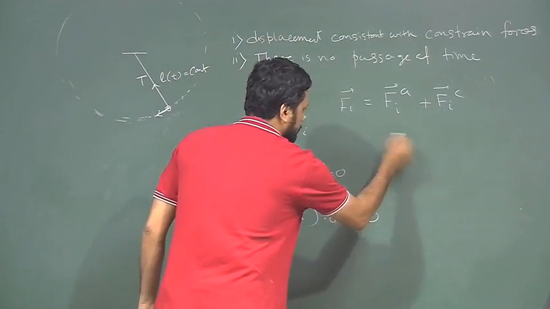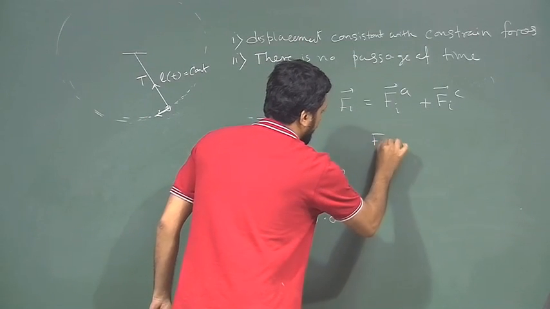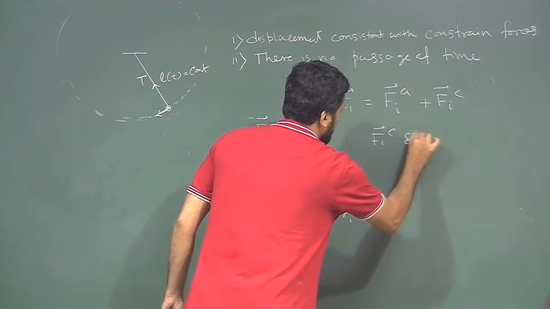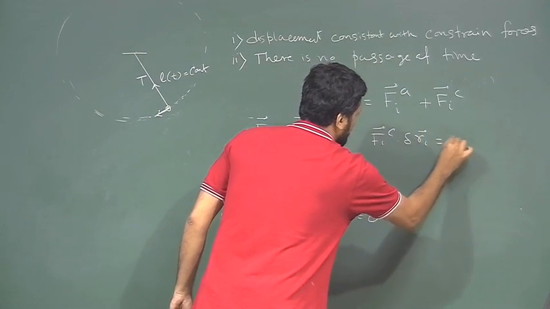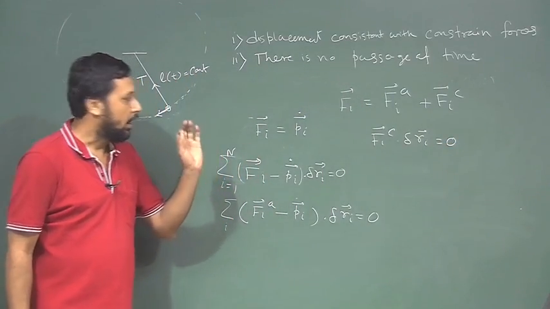Because we have shown already that in case of virtual displacement, f i c dot delta r i will be equal to 0 for each individual i.